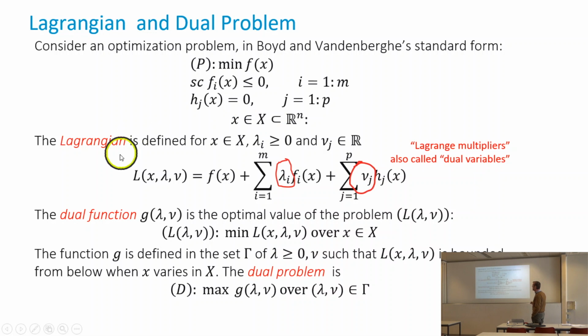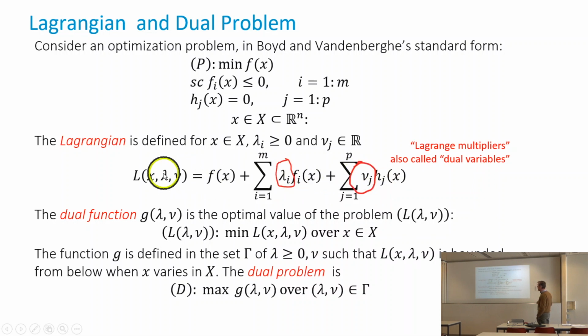Then the Lagrangian is the problem that I obtain by removing the constraints and replacing them by a penalty. Instead of a hard constraint, I want f to be negative, I pay a penalty for f of x. I also pay a penalty for h of x. h should be equal to 0, and I pay a penalty, and the penalty is multiplied by lambda and nu. For every constraint f_i, there is a lambda_i, and for every constraint h_j, there is a nu_j, and that is the Lagrangian.